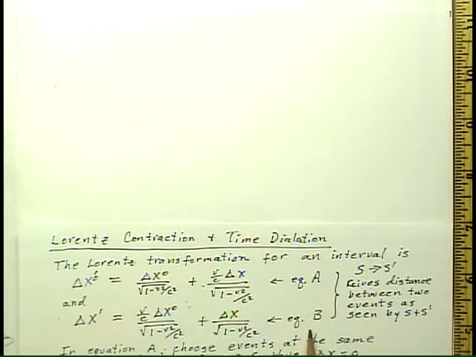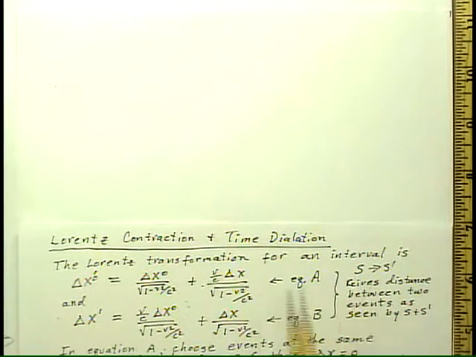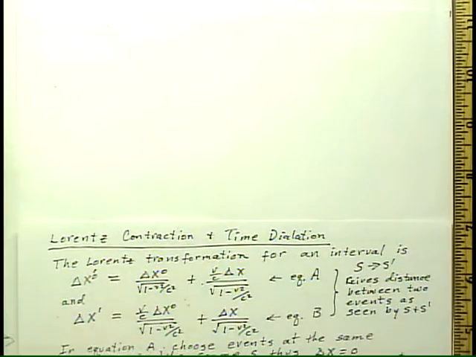Let's look at these as equation A and equation B, relating to how an interval dx and dx naught are related between a frame S and a frame S prime that's moving with respect to that.